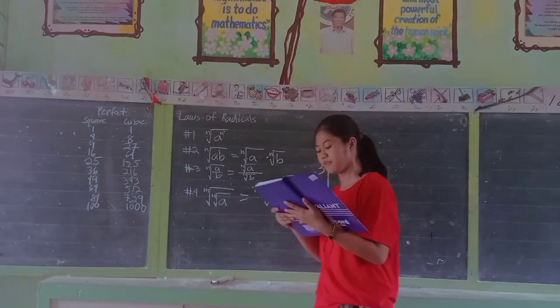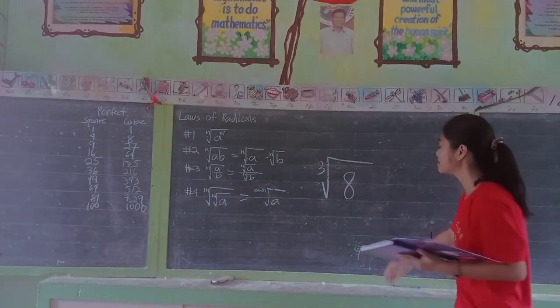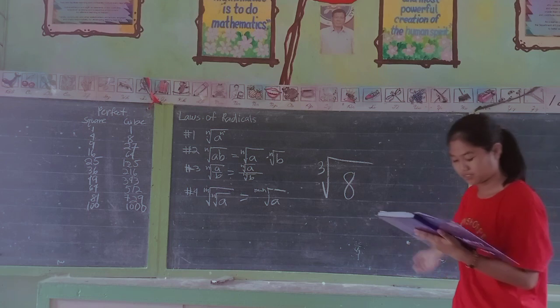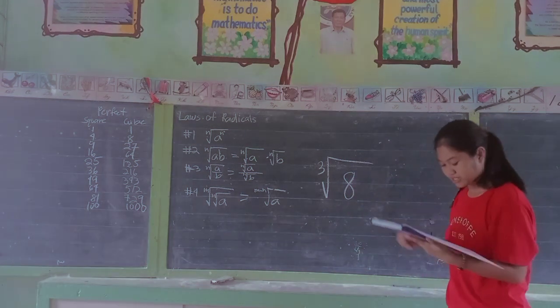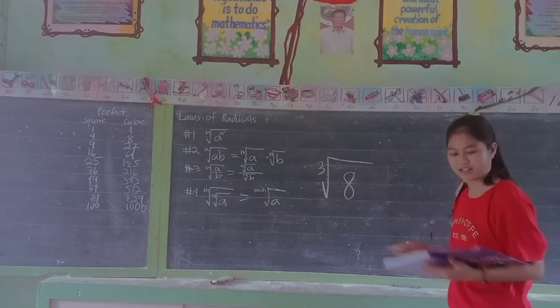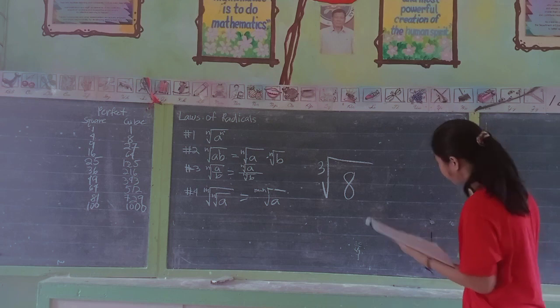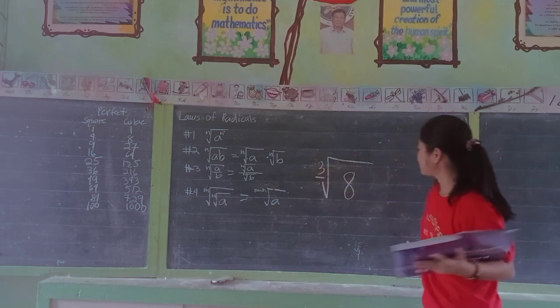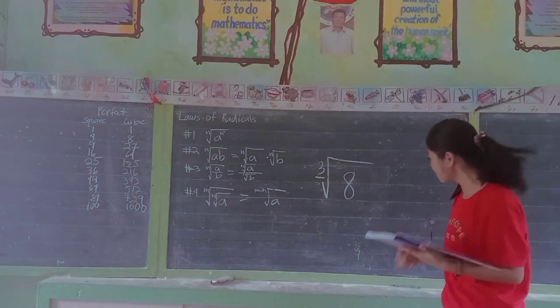We have a given expression which is read as the cube root of 8. And as you will see, what are the different parts we have in our radical expression? Here, in the cube root of 8, the smaller number is called the index.